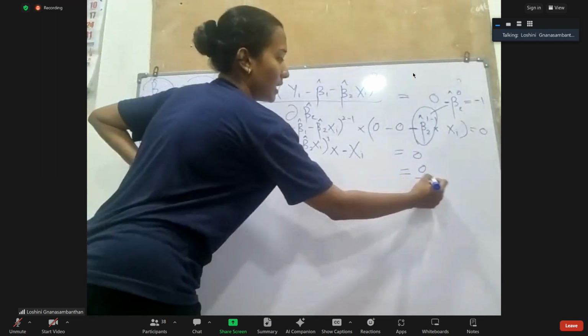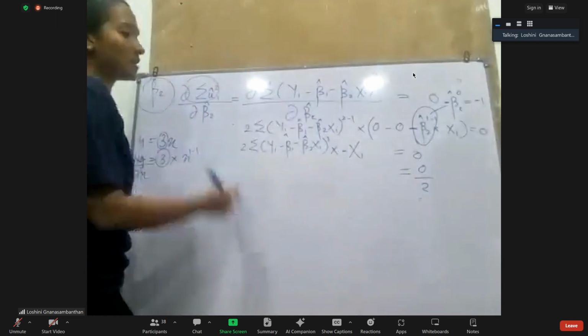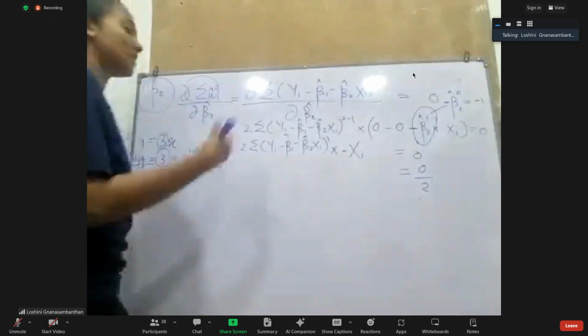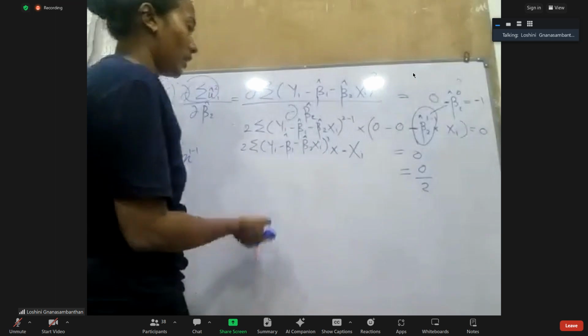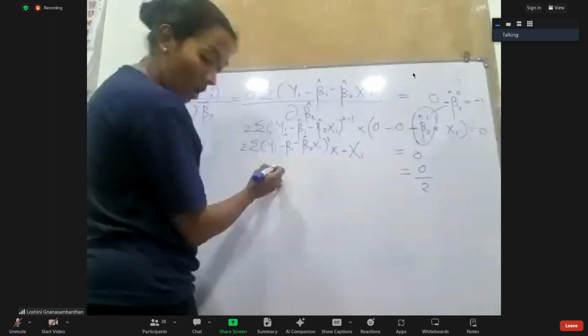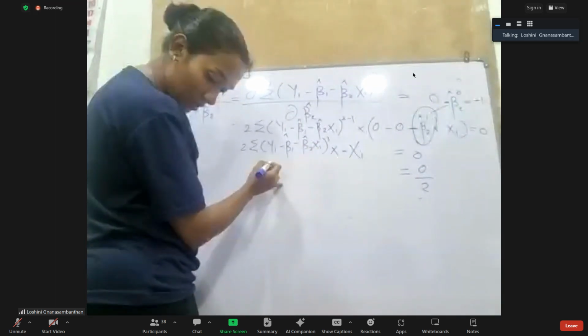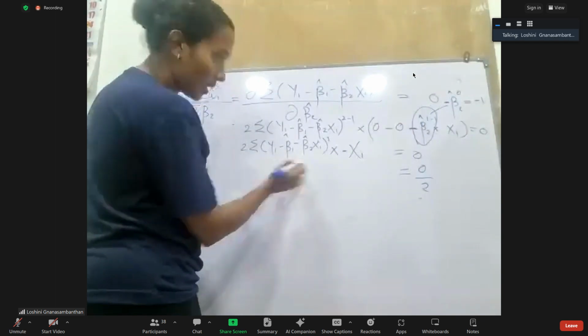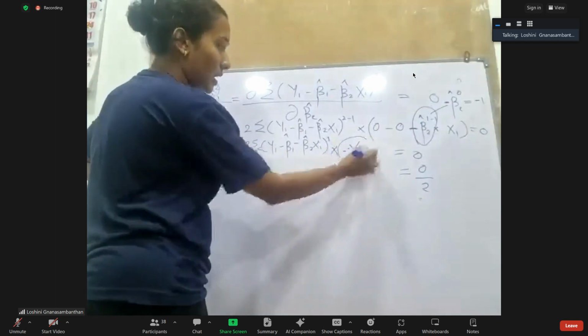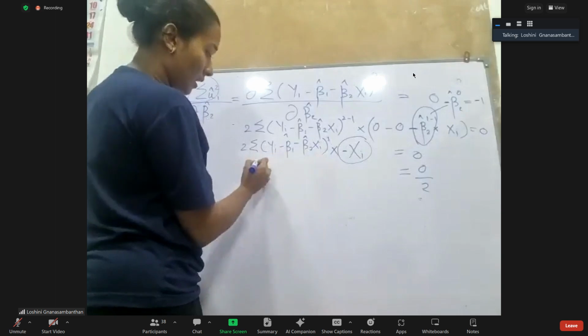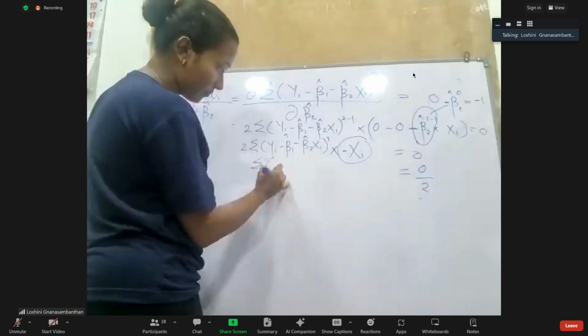Okay, so just like the beginning one, we are going to remove the 2 by dividing the other side by 2, right? And we are going to multiply this xi into this. Just multiply.